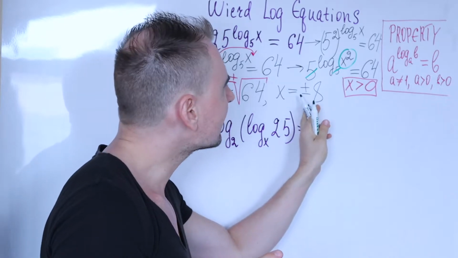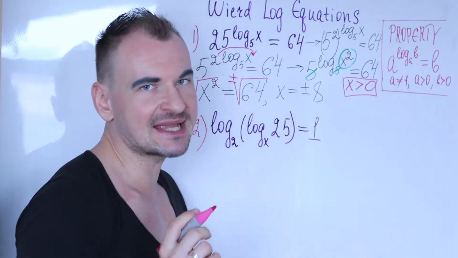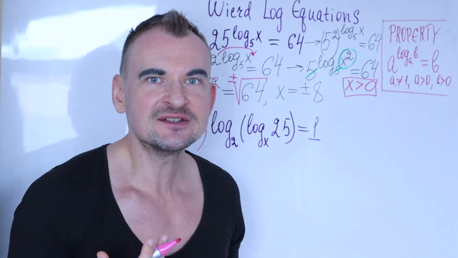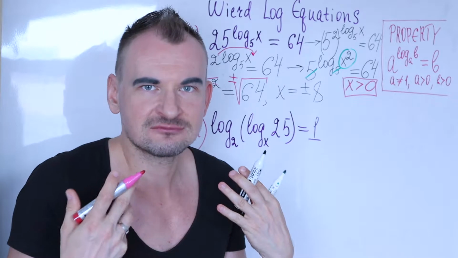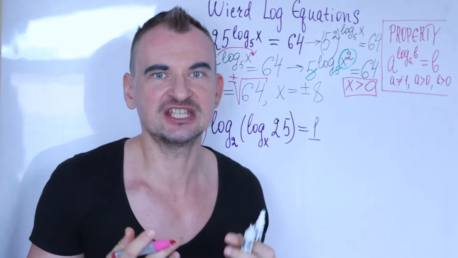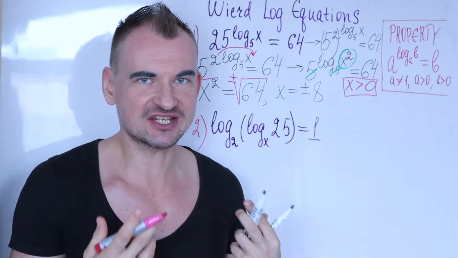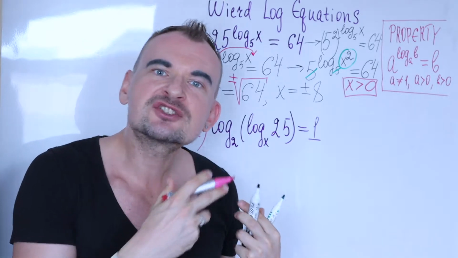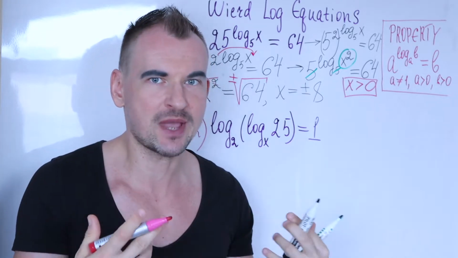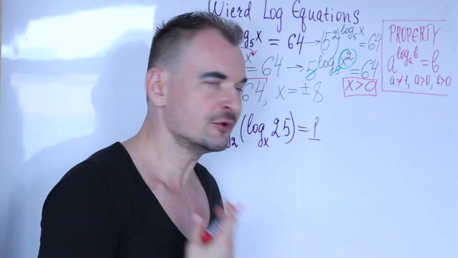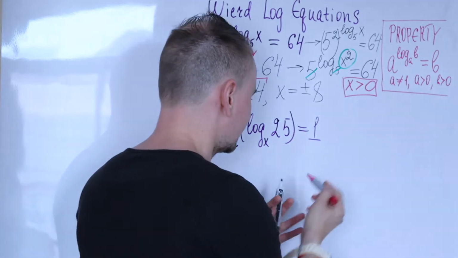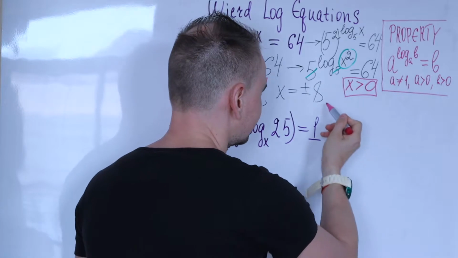So from here, your x cannot be negative 8. That value of negative 8 is called an extraneous solution, as they say. That extraneous solution has to be excluded, has to be thrown out. And you will be left with just x equals 8.